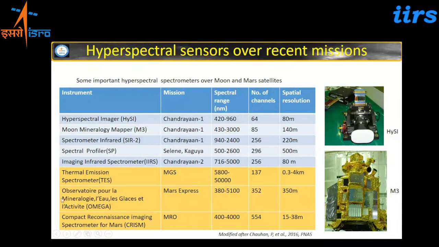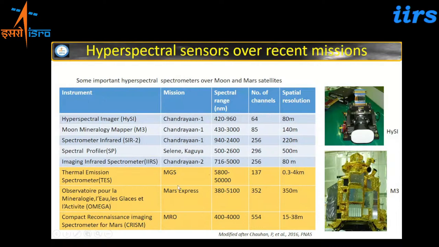And these are some of the Martian hyperspectral spectrometers that are present on board various Martian missions. Mars Global Surveyor's Thermal Emission Spectrometer has a range from 5800 to 50,000 nanometer, 137 bands, and a spatial resolution of 0.3 to 4 kilometer.